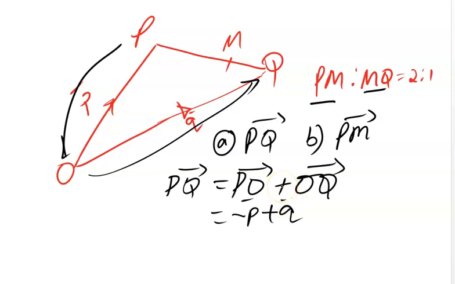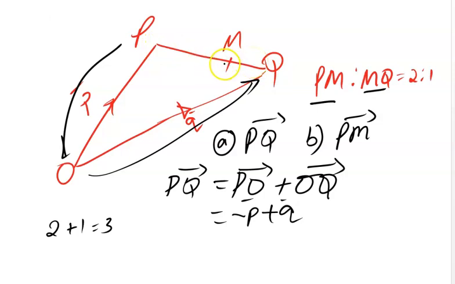Now the next question is PM. Take note that this line, line PQ, has been shared in the ratio PM is to MQ. And when you say 2 is to 1, it means anything on this line, to share it, you must look for the sum of that ratio. And sum of ratio there is 2 plus 1, which is 3. Which means PM is 2/3 of this line segment PQ.